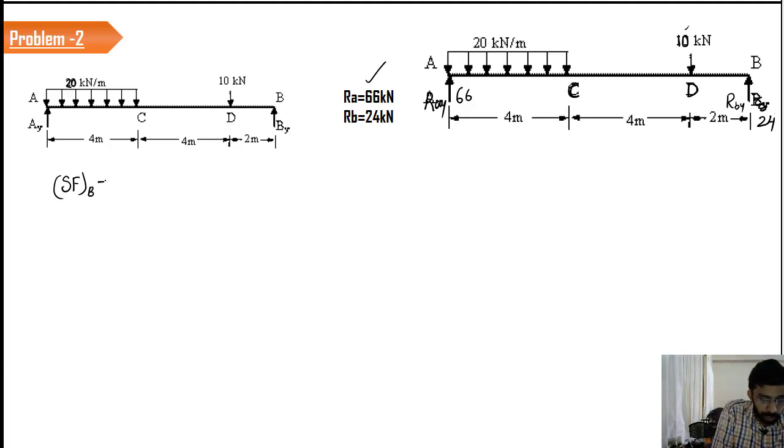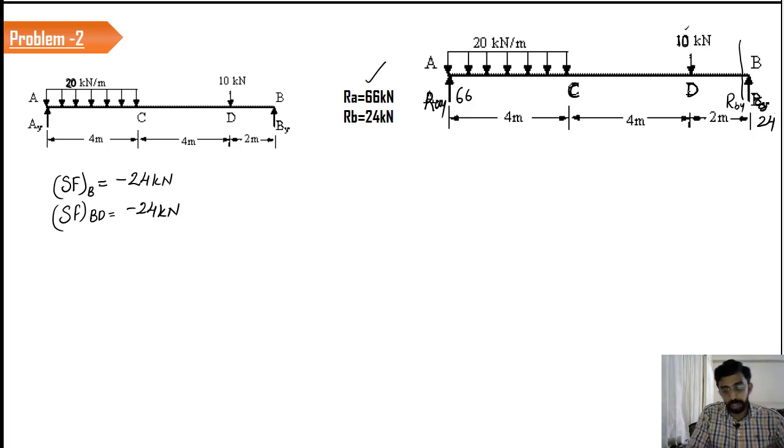So the shear force at B is equal to how much? Minus 24 kilonewton. Why? Because if I consider the section here, the right hand side force is acting in the upward direction, so it is negative. Now the shear force across BD has the same value, minus 24 kilonewton, because till you reach the point D there is no other load other than 24.